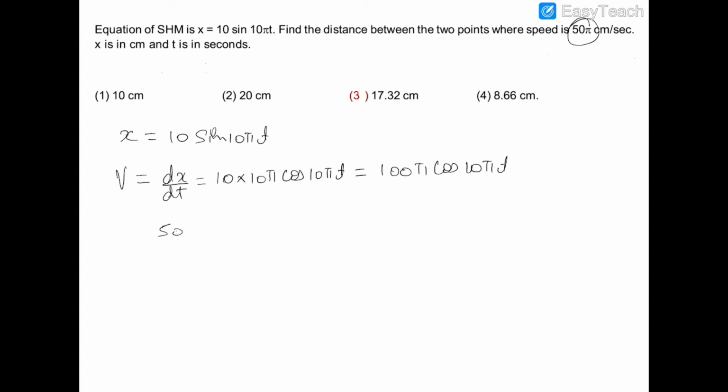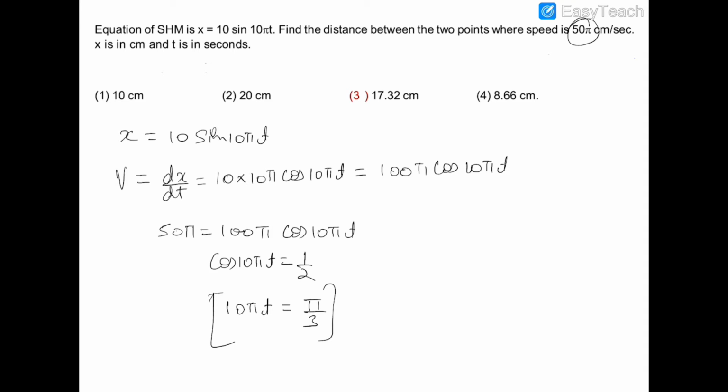So 50 pi will be equal to 100 pi cos 10 pi t. So you can see that cos 10 pi t is equal to 1 by 2, and therefore 10 pi t will be equal to pi by 3, because cos pi by 3 is equal to half. So this is the first equation.